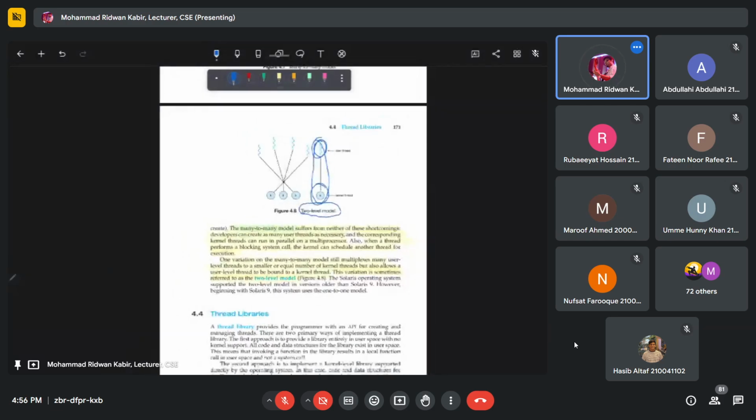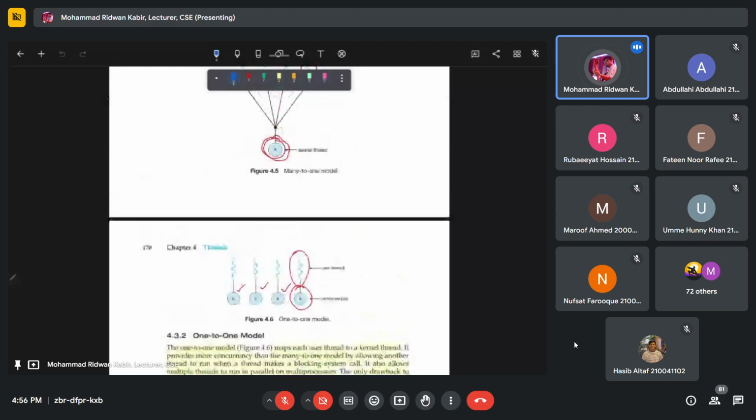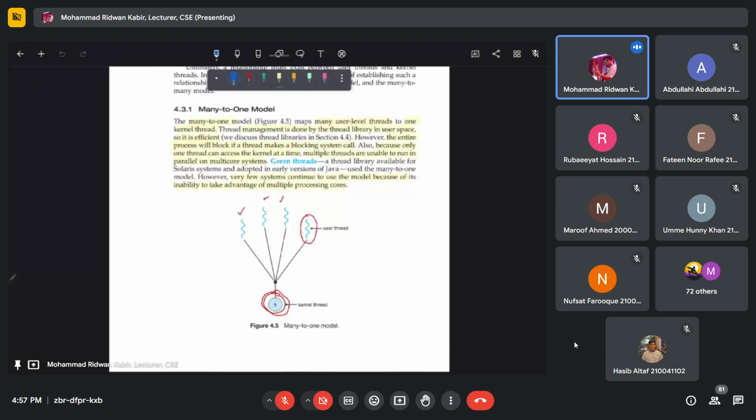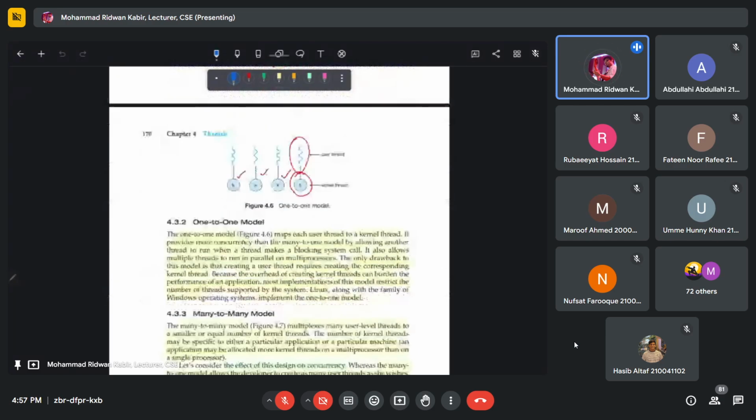Okay, so these are the four thread models that you can implement in any multi-threaded architecture, each having their benefits and corresponding drawbacks.